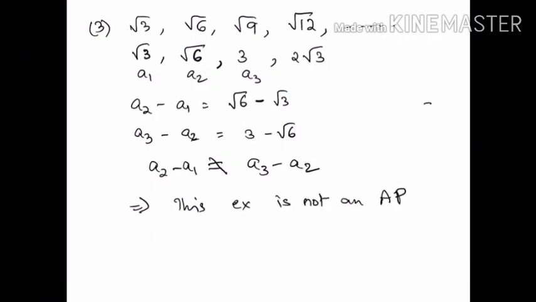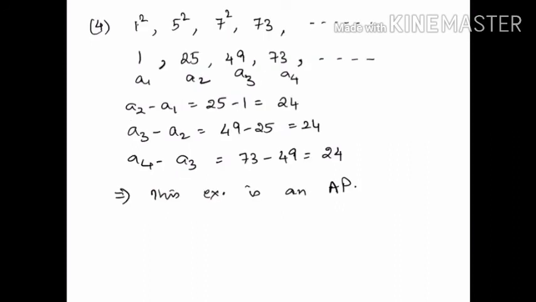Question number 3, this is not an AP, so we don't need to write the terms. Question number 4 is an AP, so let's write down 3 more terms by adding the common difference to the previous term. So 1 square, 5 square, 7 square, 73. Now the next number will be obtained by adding 24 to 73, which is 97.